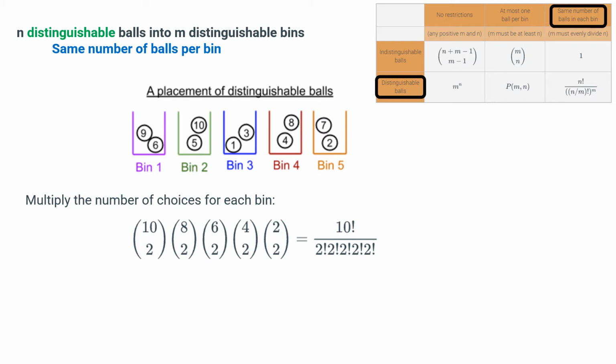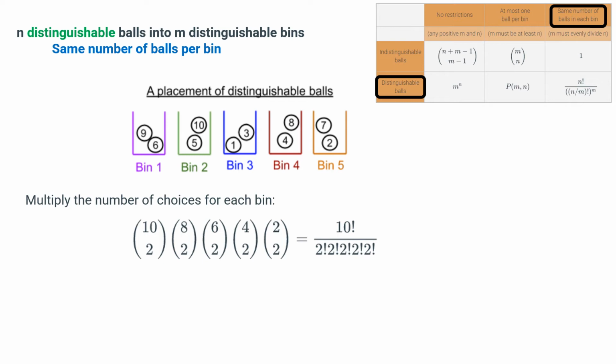But it turns out that with all of the different kinds of canceling that we do, we end up getting just the first number of balls at the top with a factorial on it, so 10 factorial in this case, divided by however many balls are in the bins, factorial, taken the number of times of however many bins there are. So here we have 2 factorial in there 5 times.